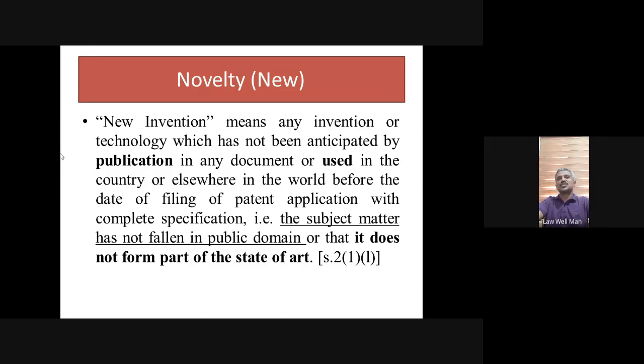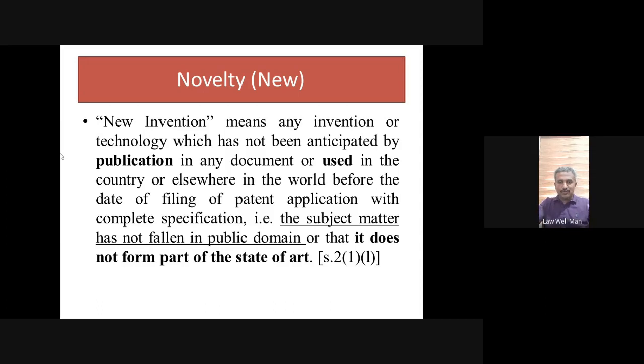If it is part of prior knowledge, if it is prior published, if it is prior used anywhere in the world, it would mean that it is not new. That is understandable. And please note, anywhere in the world, that's a requirement.